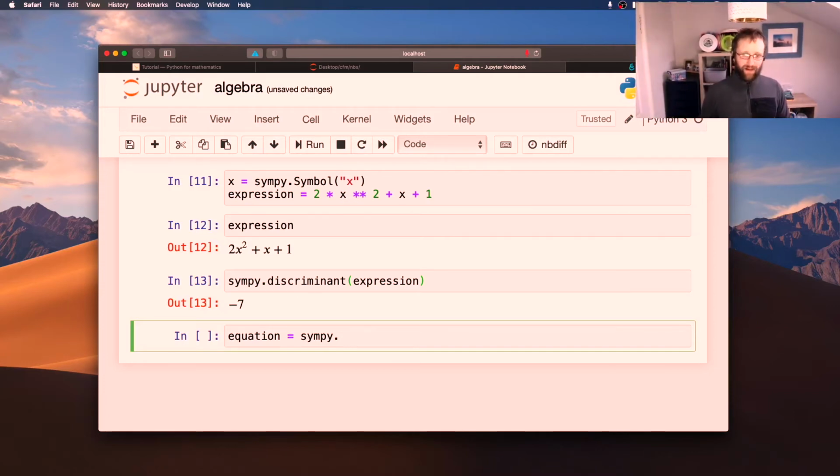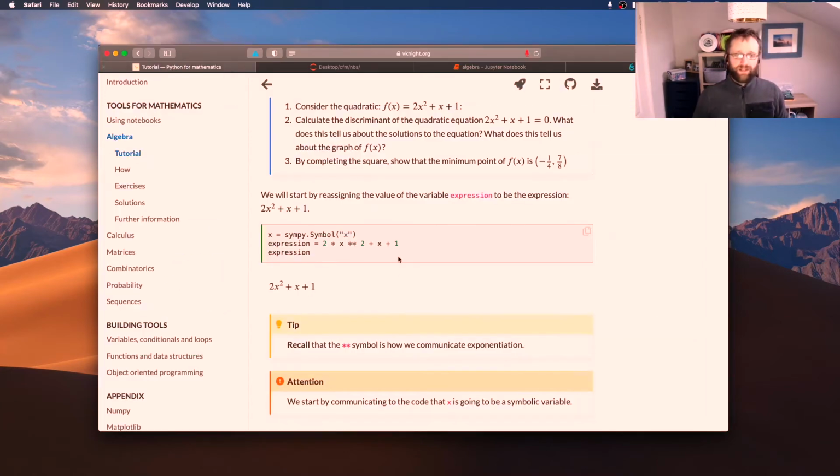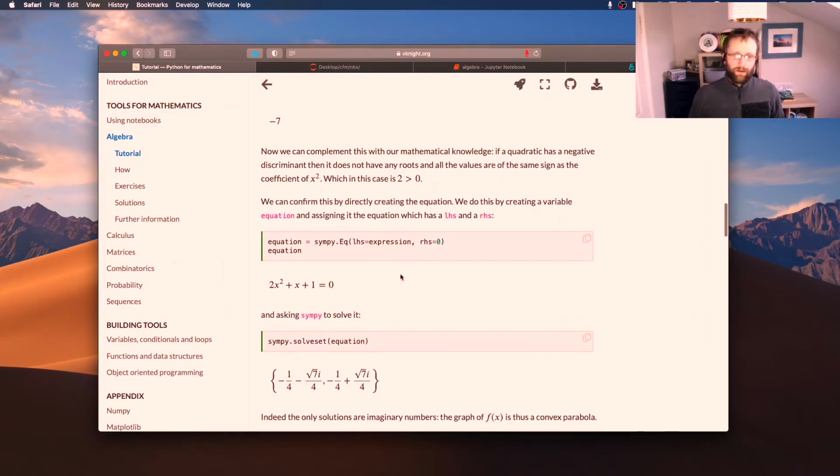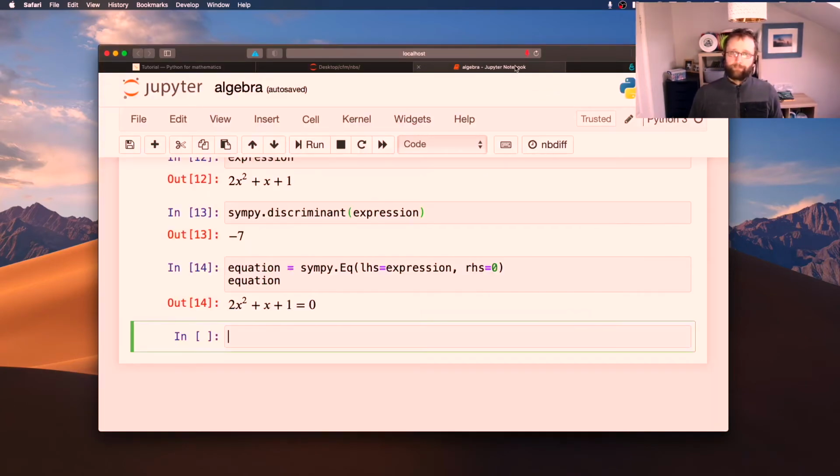So we create an equation, and the equation is something that has a left-hand side, so our expression, and the right-hand side, which is 0. And this is the difference between an expression and an equation. An equation, there's an equal sign that is equating two things. And so if we take a look at that equation, and here I'm just following along with the steps here, okay?